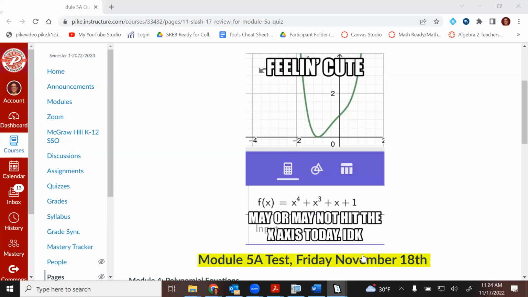What's the biggest thing that goes into both of those? 7. Positive or negative 7? Positive. So 3x plus 7. This was equal to 0, so mine has to be equal to 0.